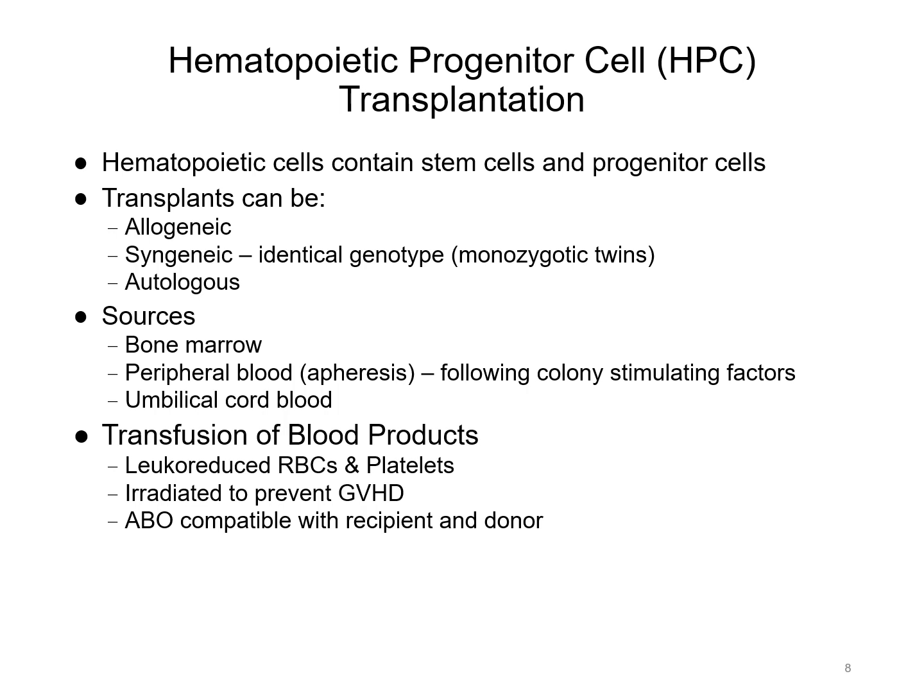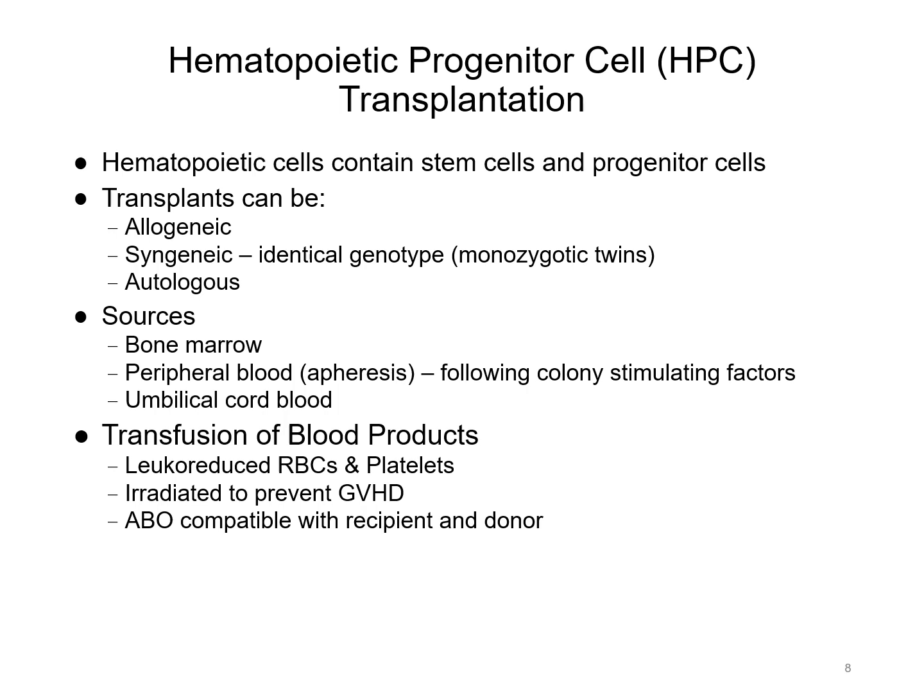So it can be allogenic from a random donor, syngenic, which is through an identical genotype, like an identical twin, or autologous, where you donate the stem cells yourself. Now, the sources could be bone marrow, umbilical cord, or peripheral blood source.